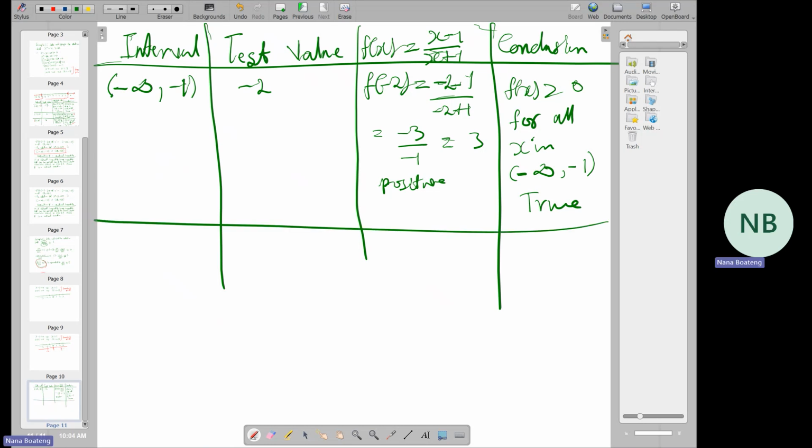The next test interval is -1 to +1. So we pick a test point of 0.